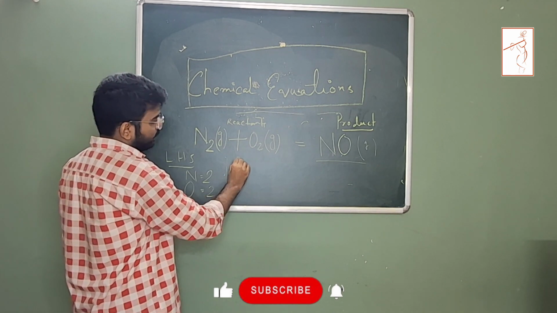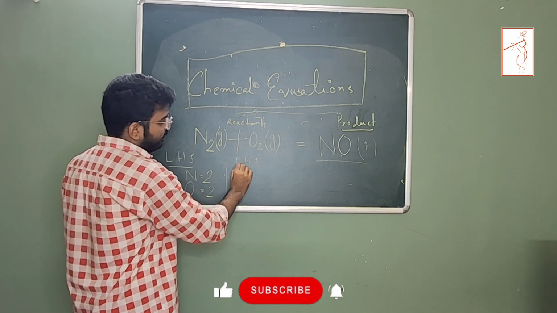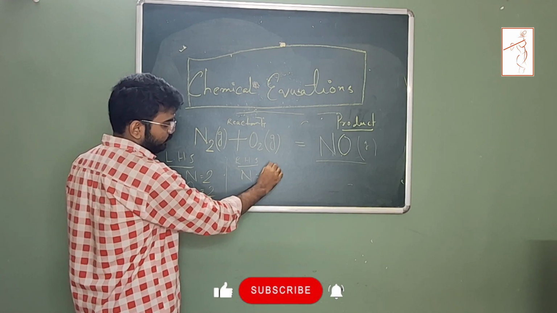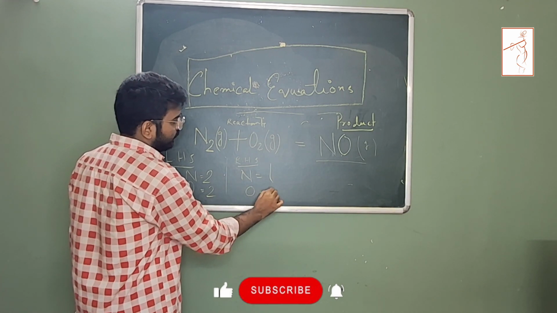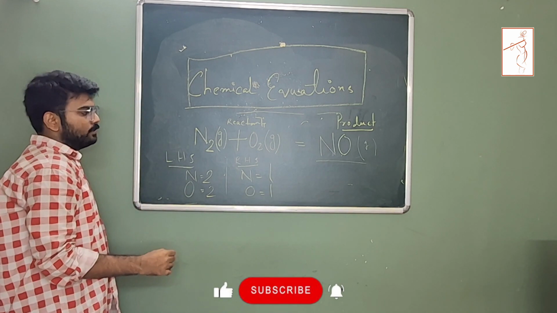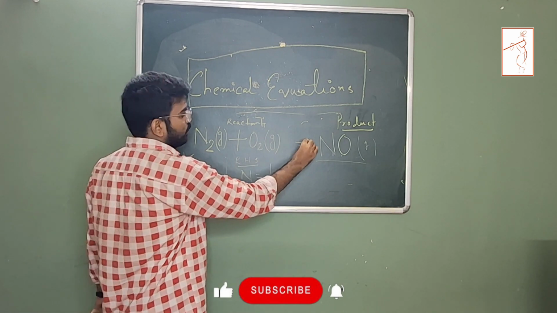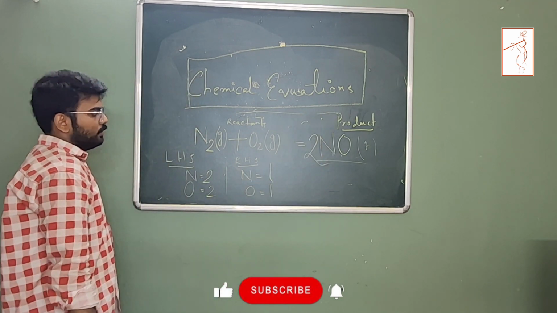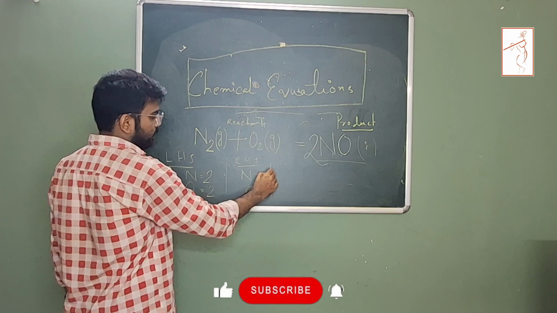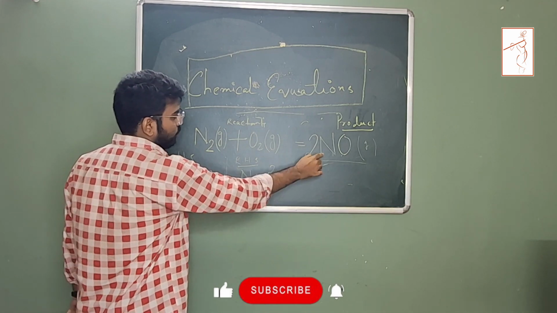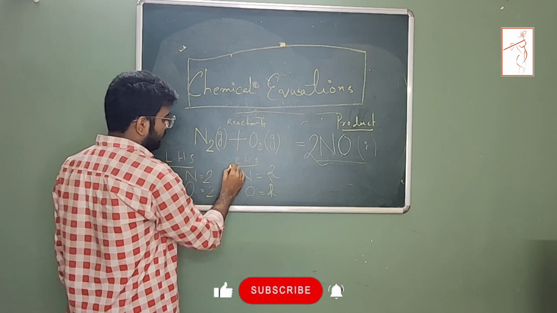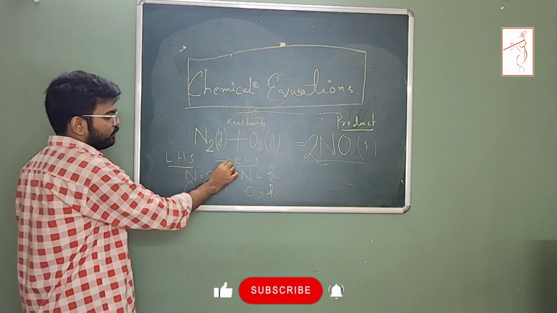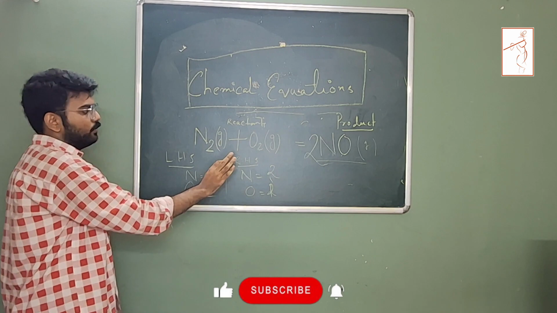But in the right-hand side, the number of nitrogen is 1 and the number of oxygen is 1. So to balance it, what can we do? We put 2 there, so here 2 nitrogen, 2 oxygen on the left-hand side. Just like mathematics, the left-hand side is equal to the right-hand side. Here we established it.